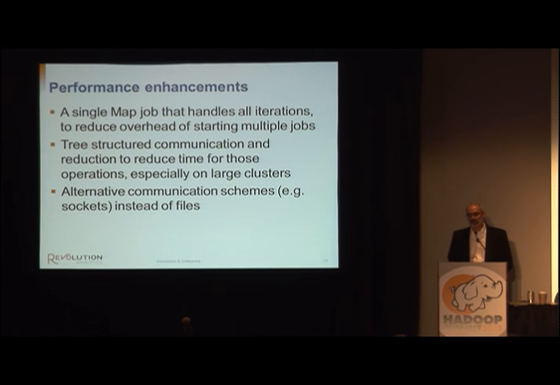And to increase the scalability to larger numbers of nodes, we can use tree-structured communication and tree-structured reduction so that you don't have all the reduction done in one reducer and all the communication coming back to one main node for reduction. And then we can use alternative communication schemes such as sockets instead of files. So those are a few of the performance enhancements we are working on for Hadoop.